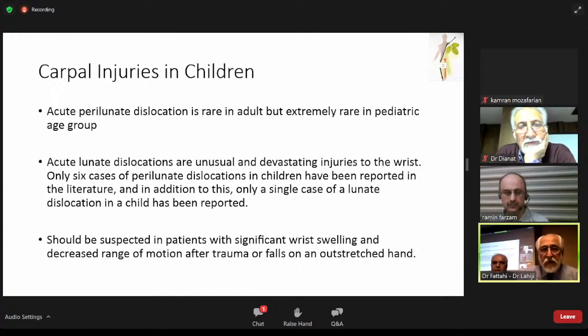So in very young children, we do not see it. I remember that in Rockwood second edition, Wilkins said, if anyone has experience with perilunate dislocation in children, please report to me. I will include it in this book or the next edition.